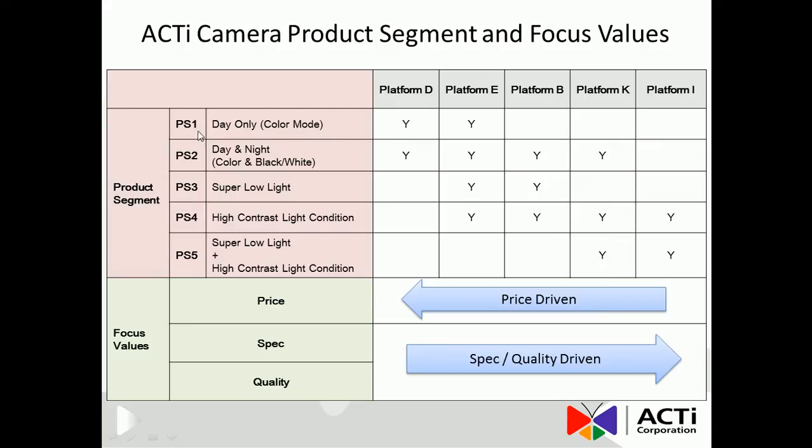So we can see it based on PS1, PS2, and for very basic offering, we'll give you day only and day and night. And after that, we have E, B, K, and I. And after that, you can see the focus values from the right hand side to the left. The left one will be price driven, and you can see the spec and quality increase from left to right. The most right side will be spec and quality driven.